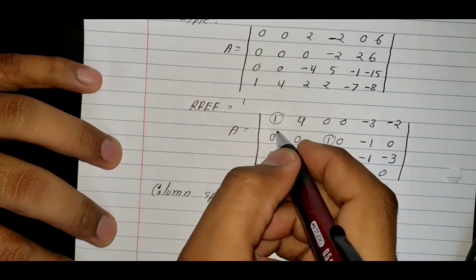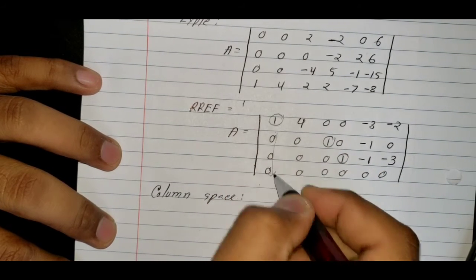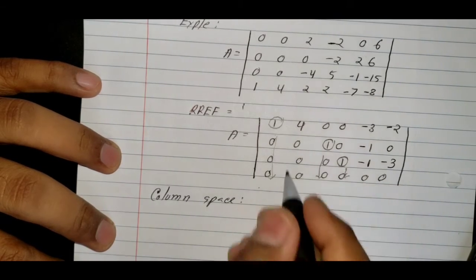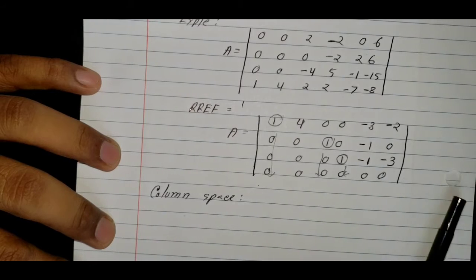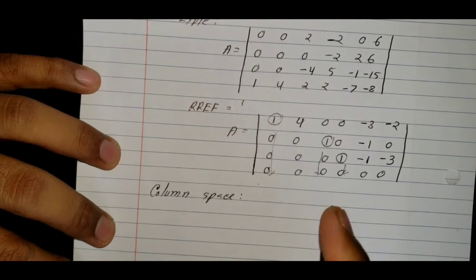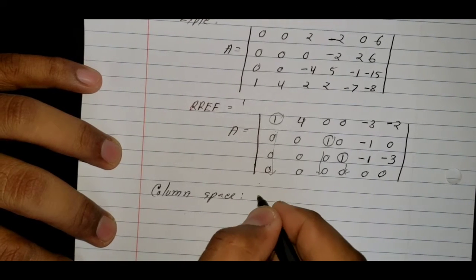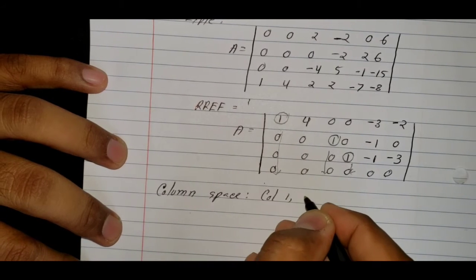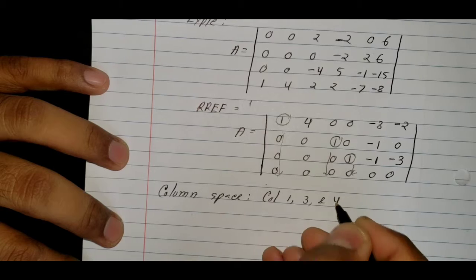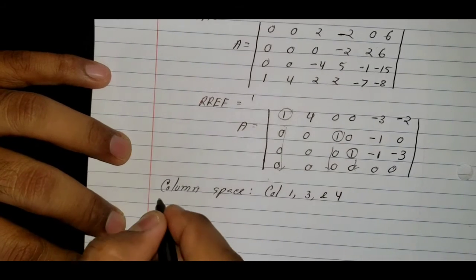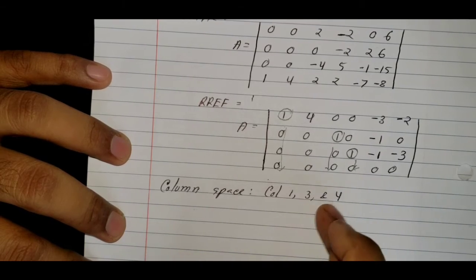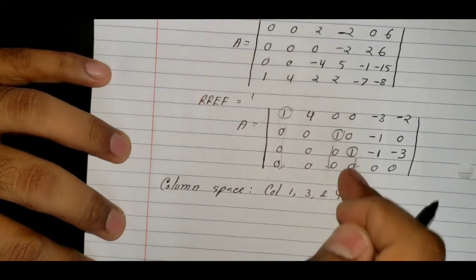And each one has all zeros below it. See? So these are the column space of your matrix. So you have column 1, 3, and 4, right? These are your column spaces: column 1, column 3, column 4.